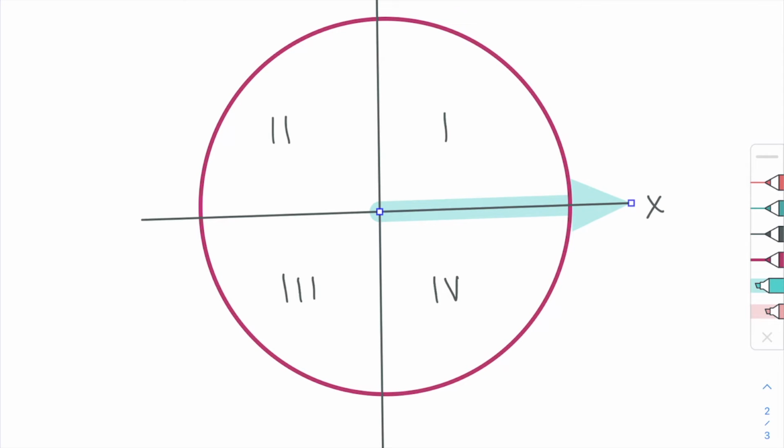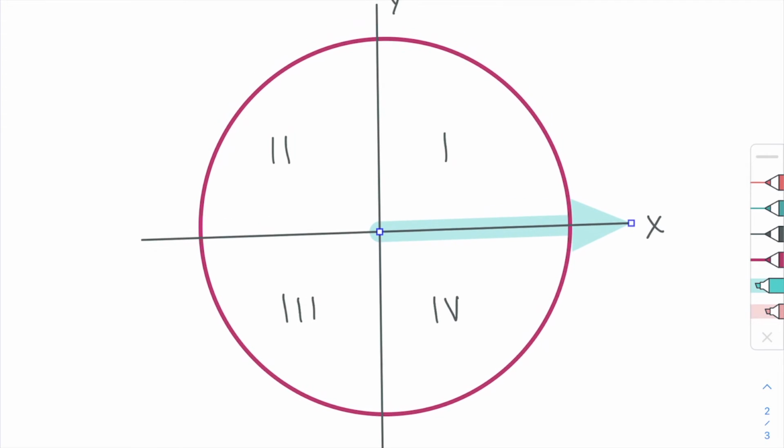And we are always going to start measuring right where the edge of our circle crosses our x-axis. That's going to be our starting point. So I would at least label that intersection point of the x-axis and the edge of the circle as your starting point.